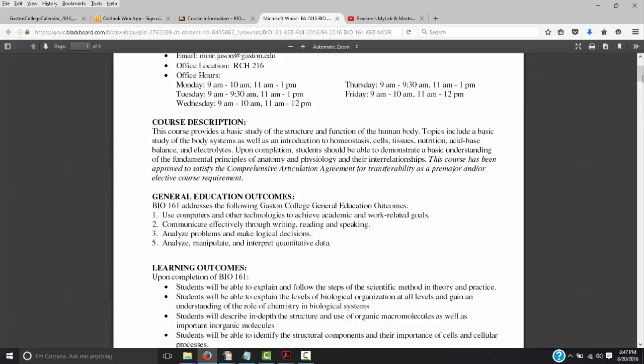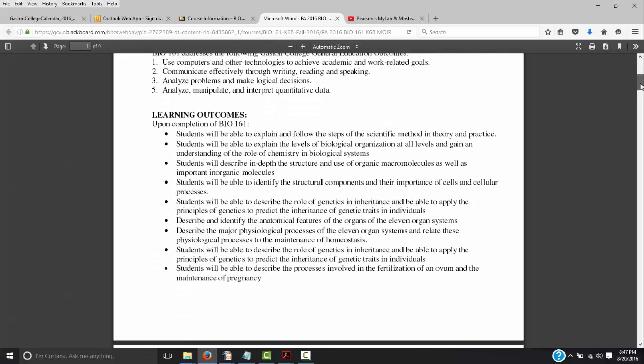Course description. All right, a course description. The official name of the course is an Intro to Human Biology, but what this really is, is an introduction to anatomy and physiology. So we'll cover such topics as cells and tissues, going over the different body systems that we have, and the various learning outcomes that you'll have once you get through this course.